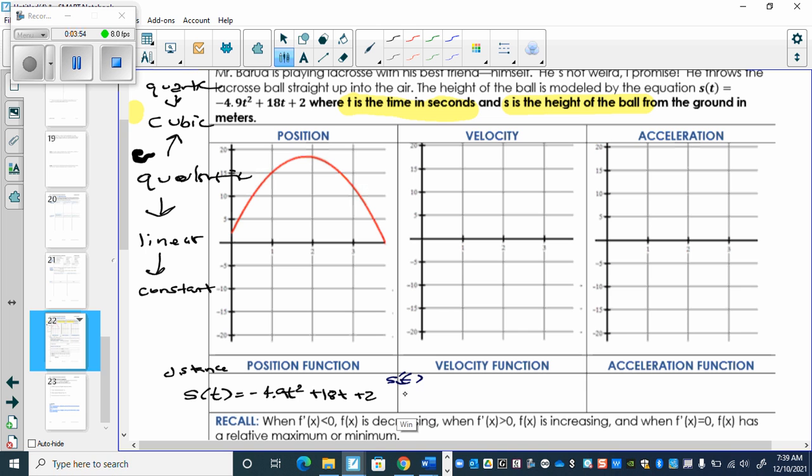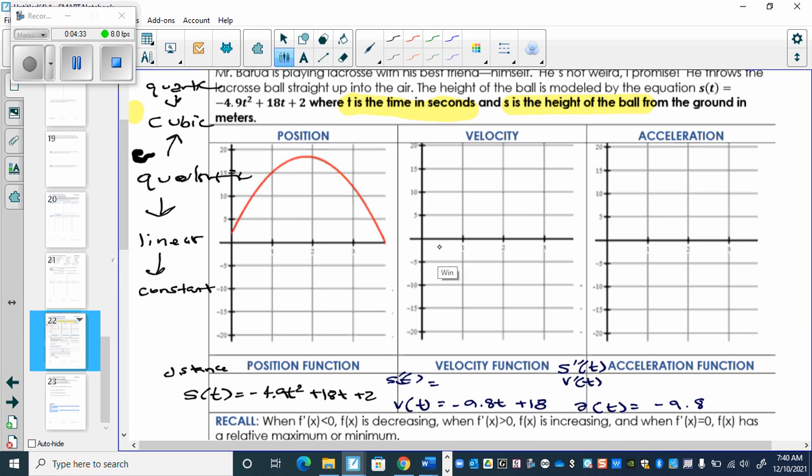It's the first derivative. But we typically like to say v(t) equals the derivative here. So 2 times -4.9 is -9.8t + 18. That's velocity. Now, the acceleration function is s''(t), and it's the first derivative of velocity. So acceleration, that's how we might write it, is -9.8.